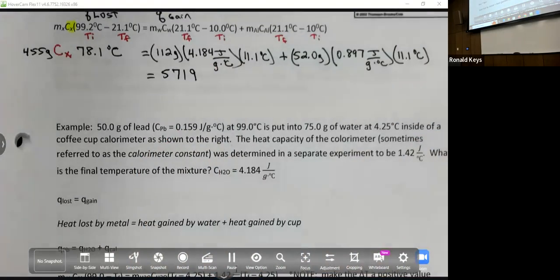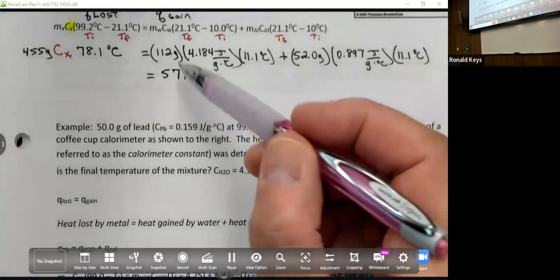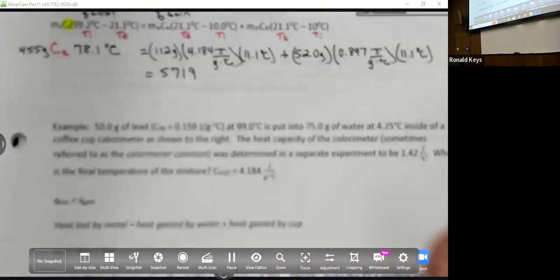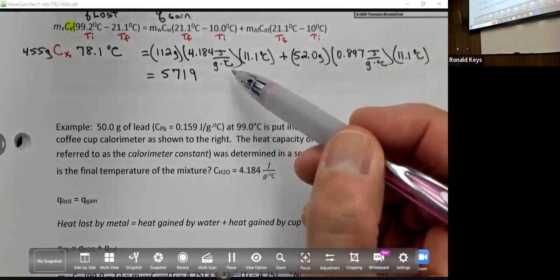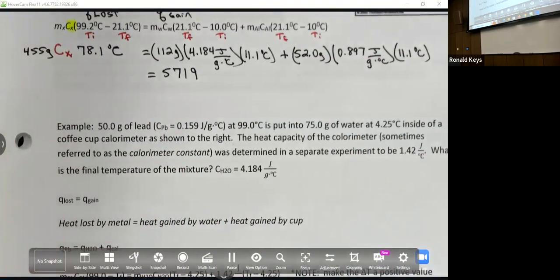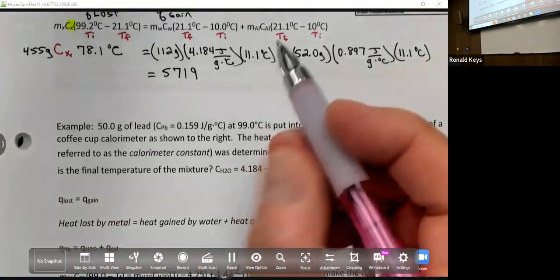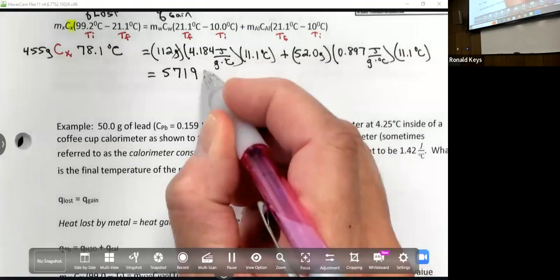Now, let me check my units. I know I've got grams, I know I've got Celsius, and I've got joules. So in fact, the only thing left right over here is units of joules.